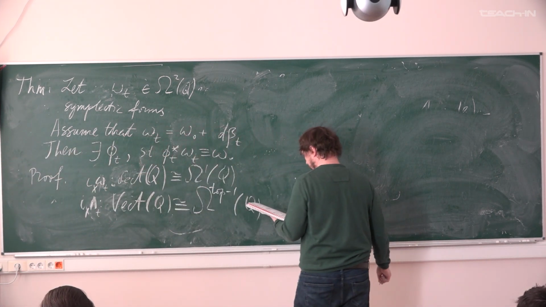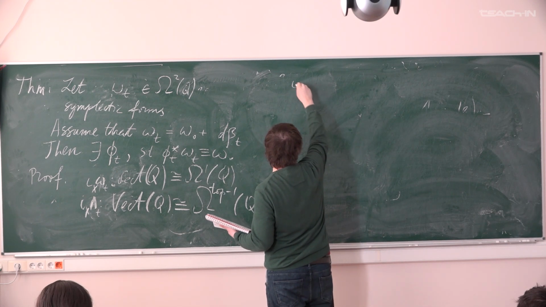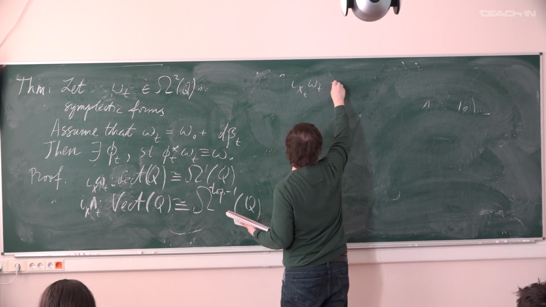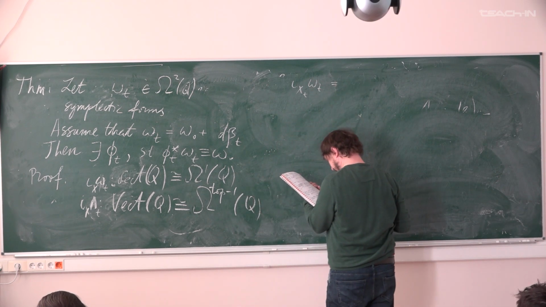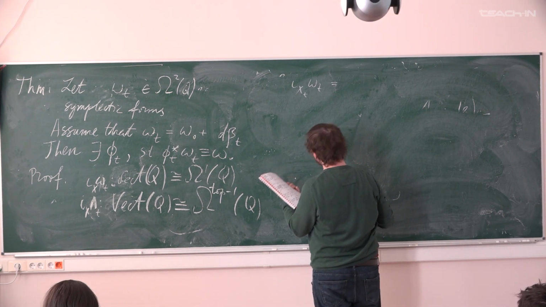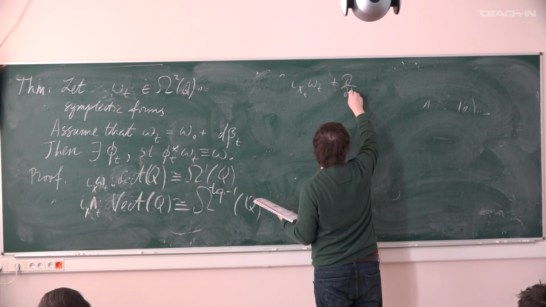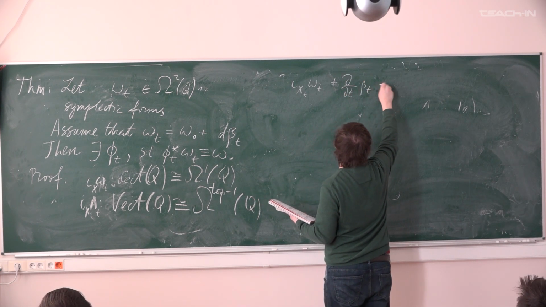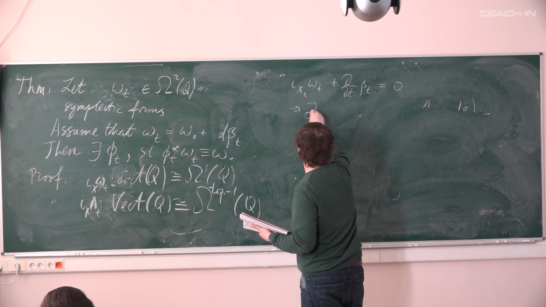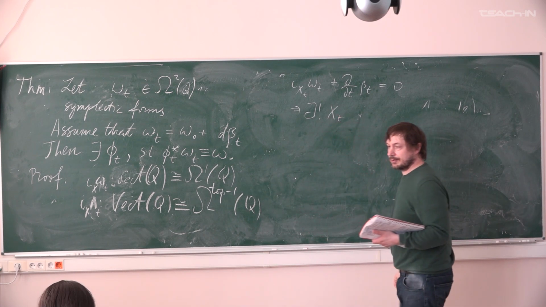After this, you just take the equation i sub xt of omega t plus d dt of beta t is equal to 0. And this gives you a unique vector field xt, which verifies this condition.